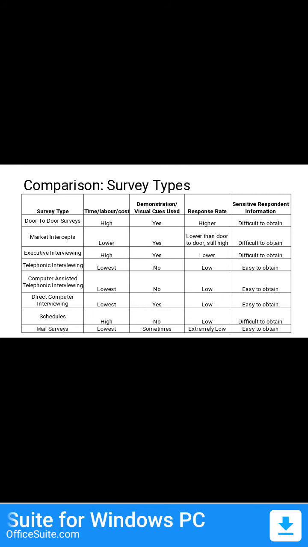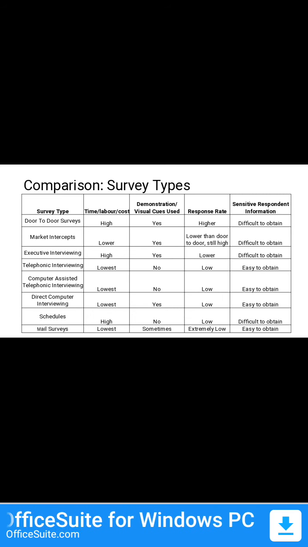That means you have to station yourself in the market, so naturally it is going to cost you much less than door to door surveys. Is this fine? So you can now process this information on your own and try and match your responses to the information given in this particular column. So can you do it on your own?